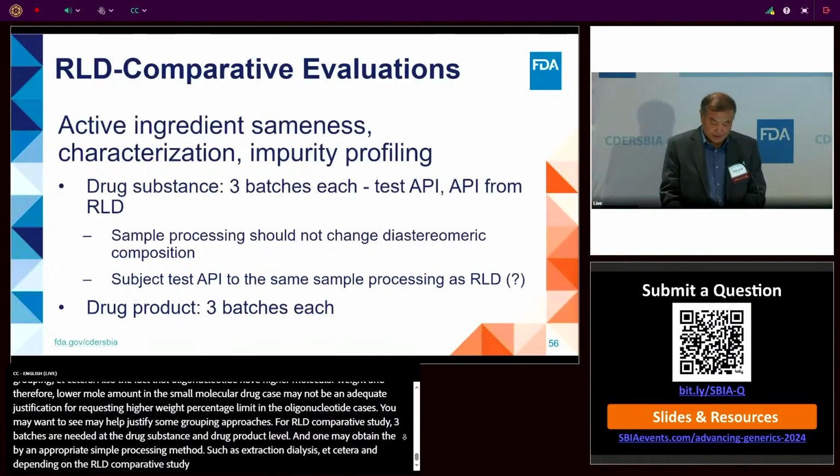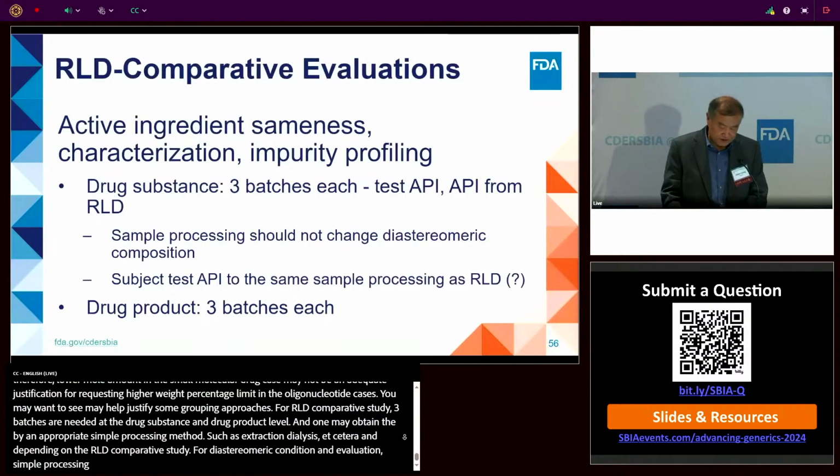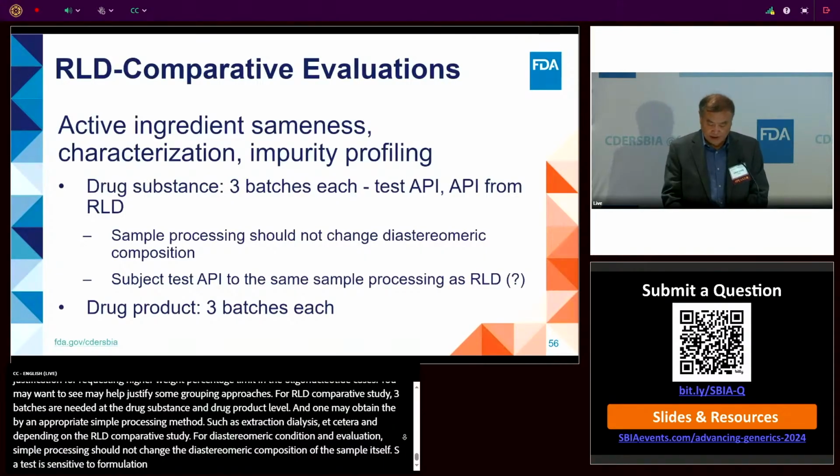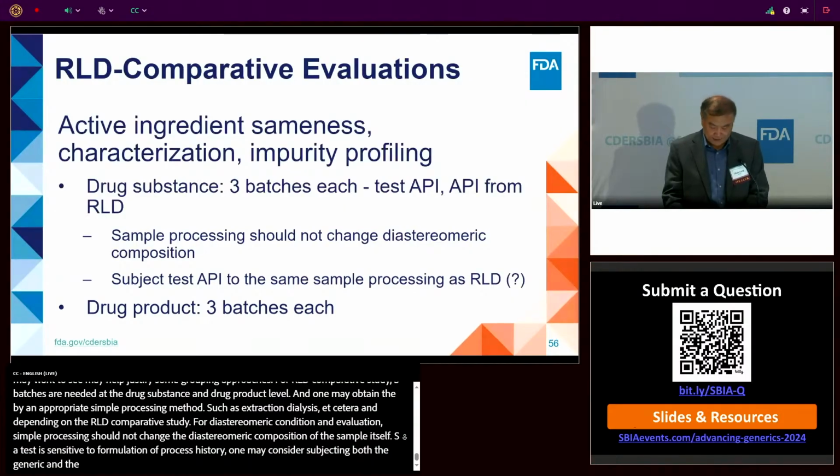For diastereomeric composition sameness evaluation, sample processing should not change the diastereomeric composition of the sample itself. If a test is sensitive to formulation or process history, one may consider subjecting both the generic and the RLD samples to the same process.